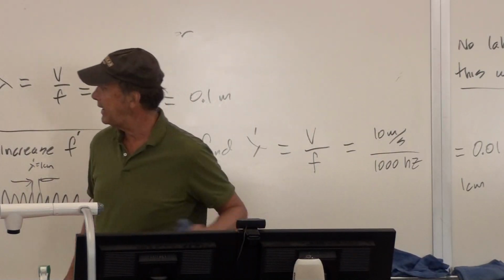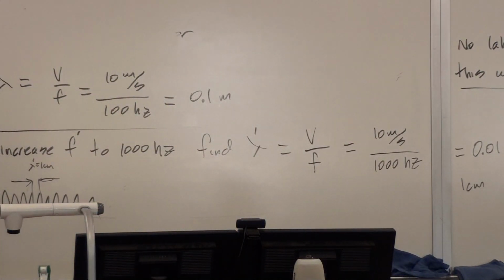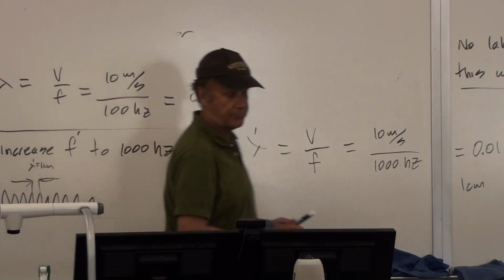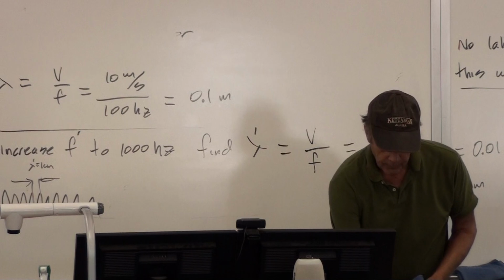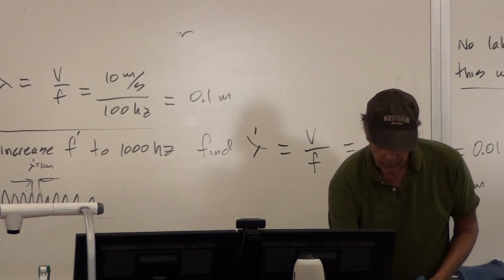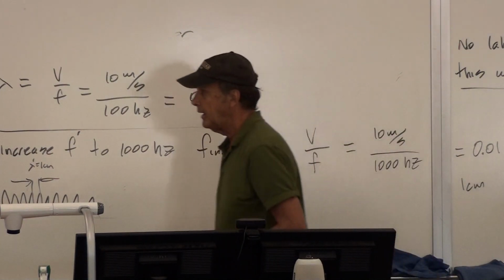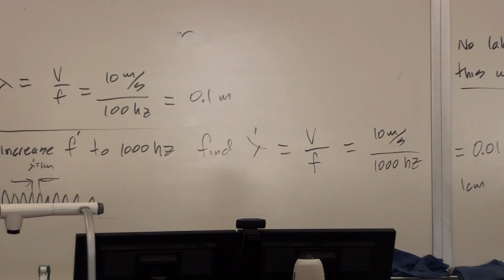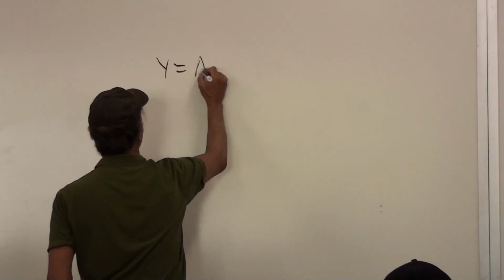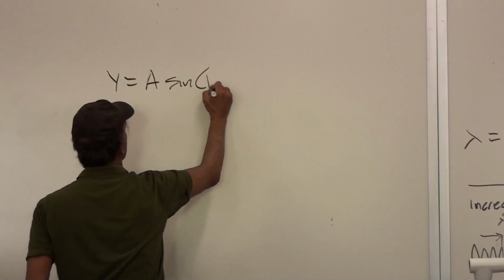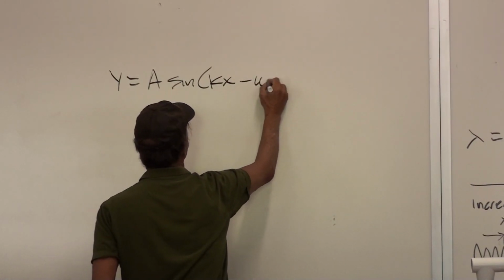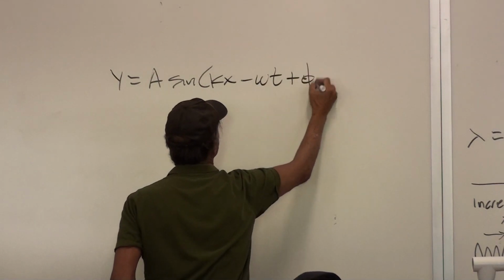Okay, we also had an expression that was a function of two variables last time. And it looked something like y is equal to A times the sine of kx minus omega t plus phi.